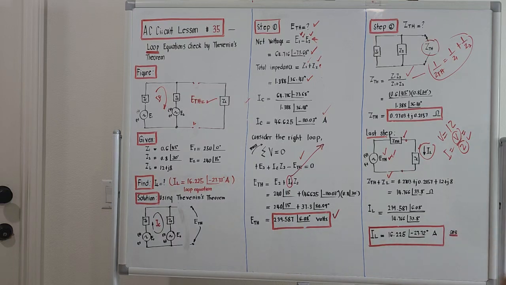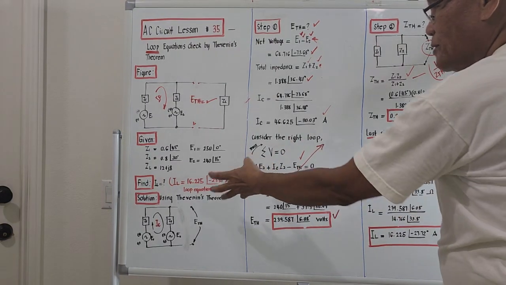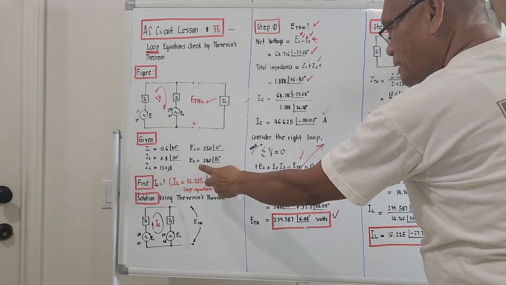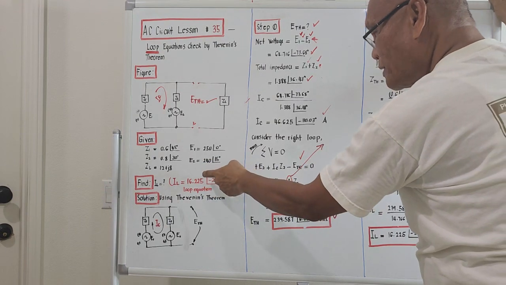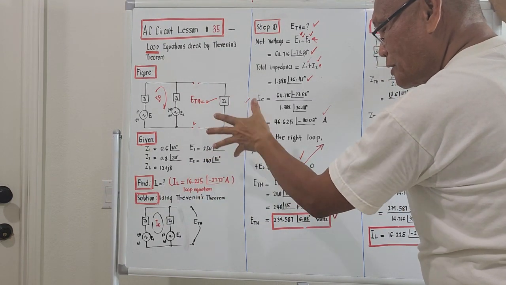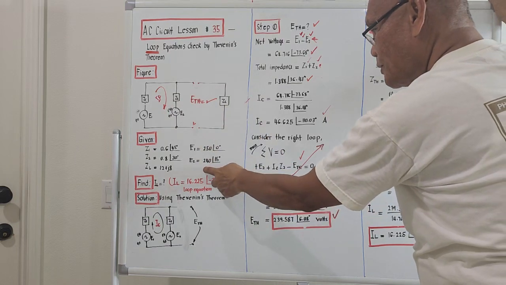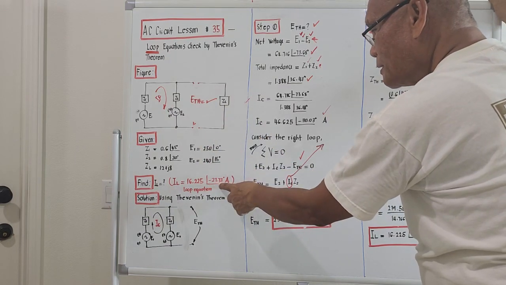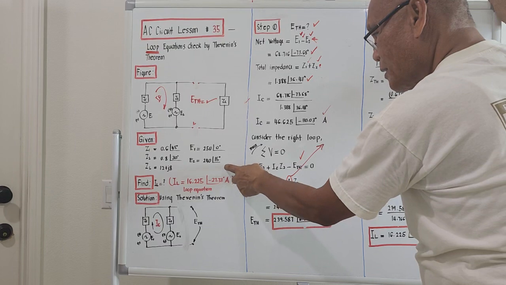The unit is amperes. How do we know if this answer is correct? From the previous solution, the loop equations current, that's why I wrote it here. The current brought out using the loop equations is 16.225, angle negative 27.73 degree amperes.